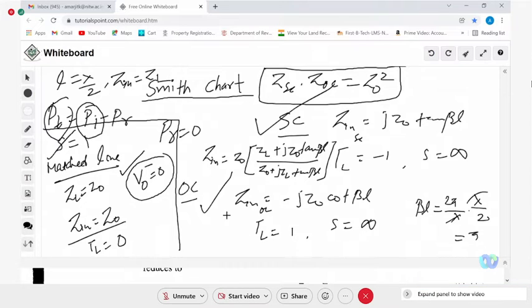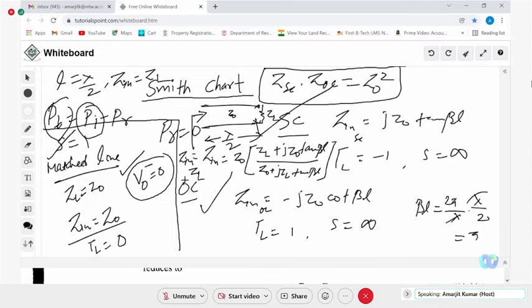So if the length of the transmission line is lambda by 2 long, and here we have ZL, so the input impedance is equal to ZL.